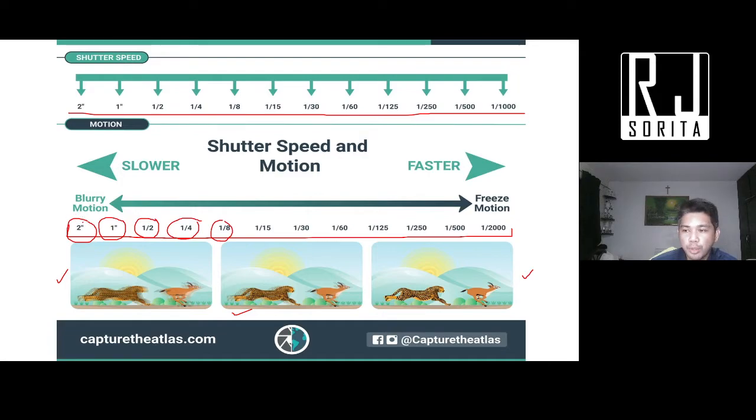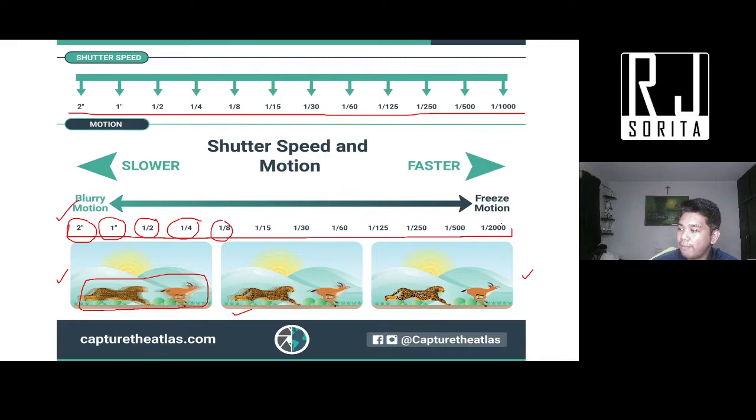When you have a longer shutter speed, like here, 2 seconds, it means that more light will be able to get in, but the downside is if your target is moving, the target will become blurry. The background, look at the background, it's not blurry because the background is not moving. At the same time, when you have a longer shutter speed and your hands are moving, it will produce a very, very blurry photo.